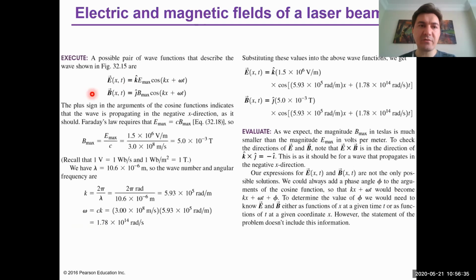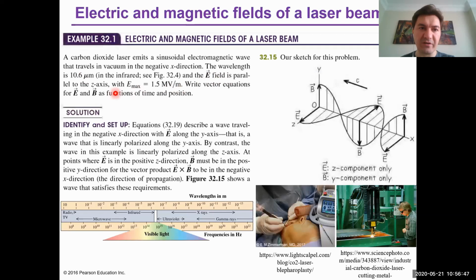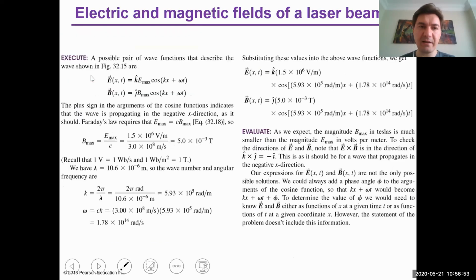So we will calculate the electric field and magnetic field as a function of x and time. E max is given within the question, and the wavelength of the light, lambda, is also given. And we need k, we need omega, and also we need B max to write down those equations.